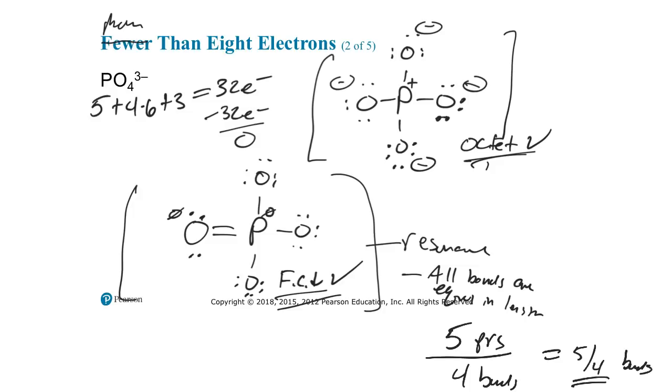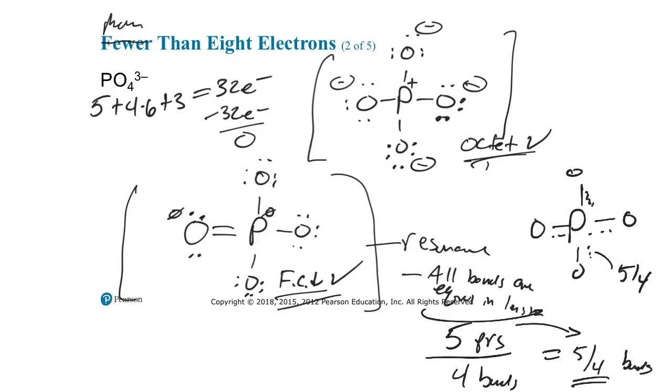And that they're all the same length. That's one of the keys. And all the oxygens should have the same charge. So the real molecule, you might picture it like this. If you want to picture the formal charge rule as having this extra bond, 5/4 bonds, the charges on the O's would be about minus 3/4.